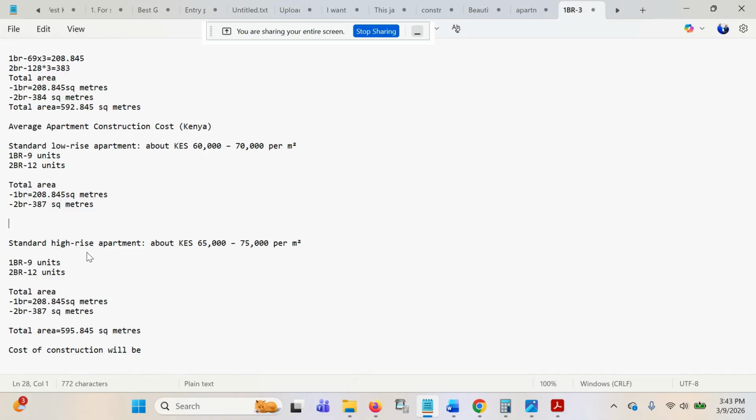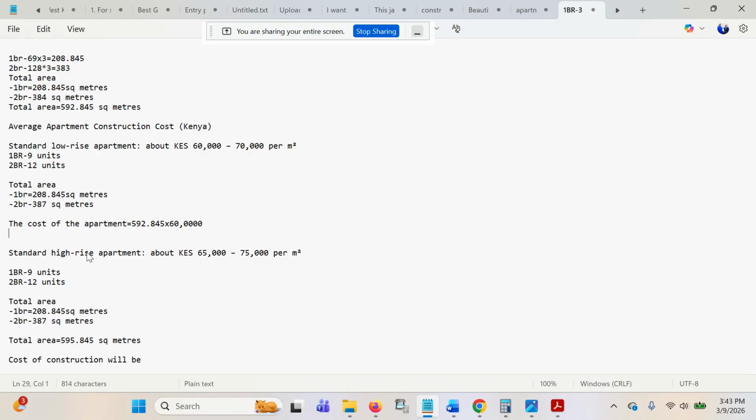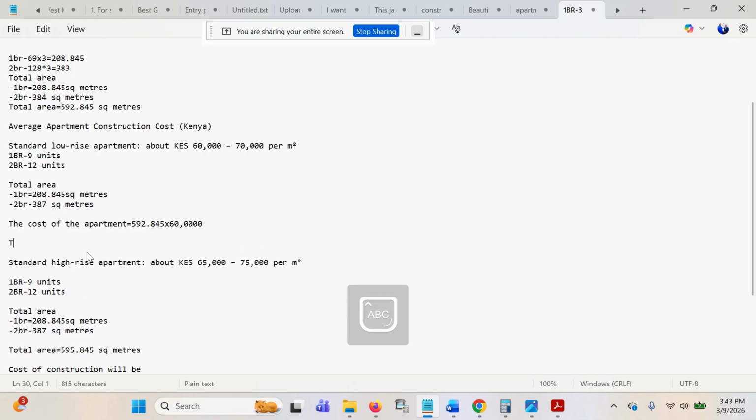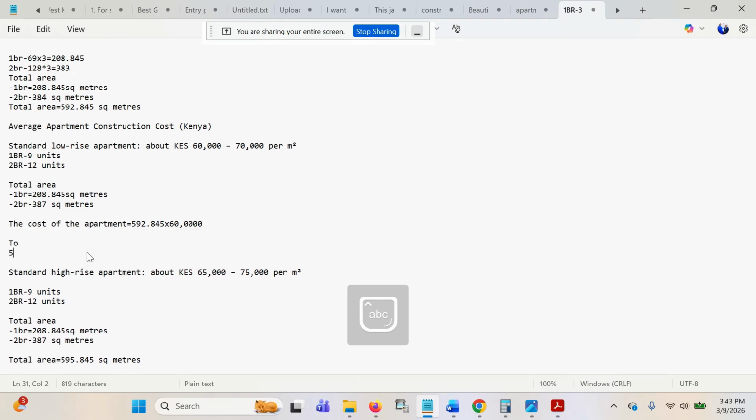The cost of the apartment will be 592.845 times 60,000, to 592.845 times 70,000.